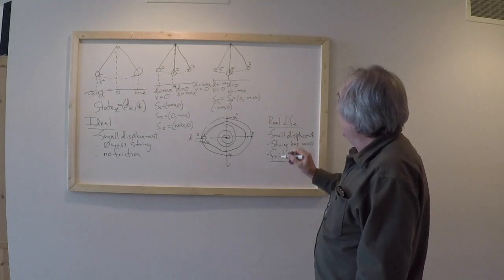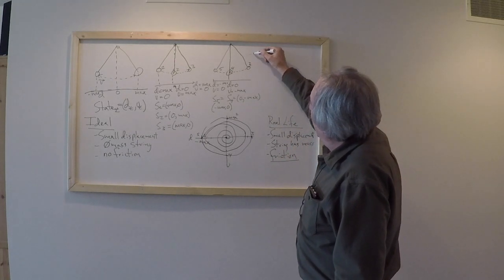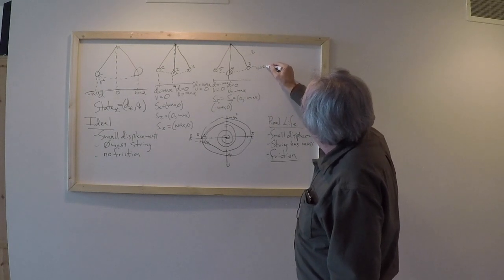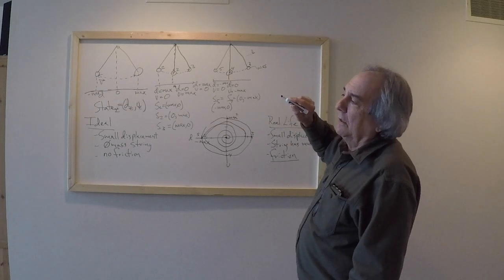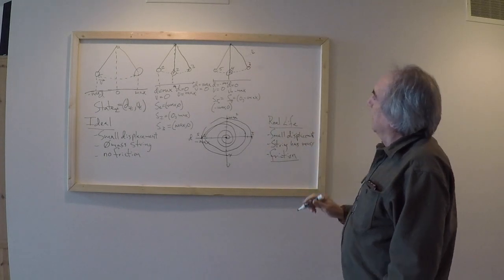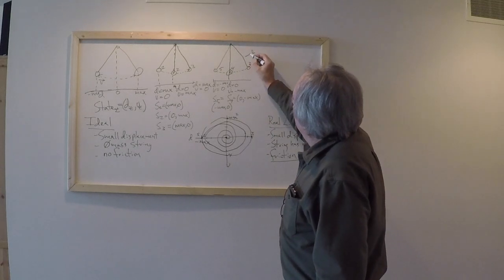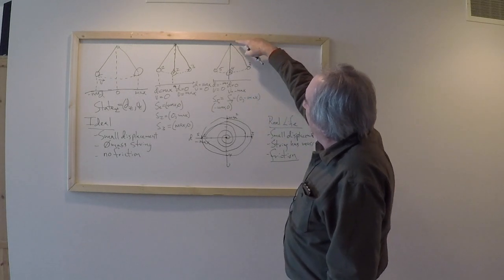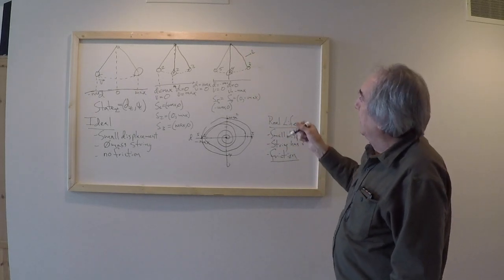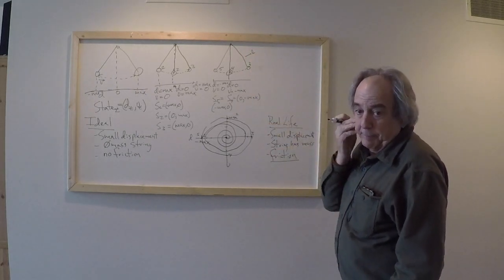One of them is friction, one of them is this length, which we've held constant, and another one is this mass. As long as we assume that the mass of the string is 0, then this mass doesn't matter.